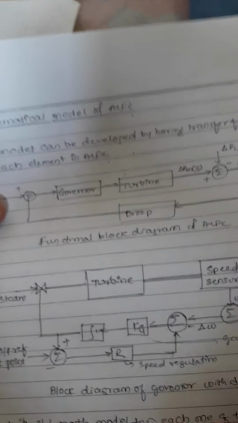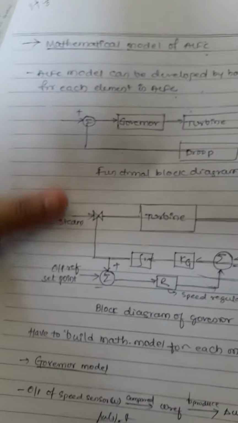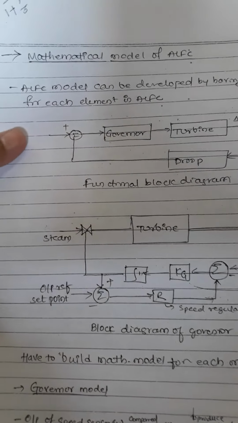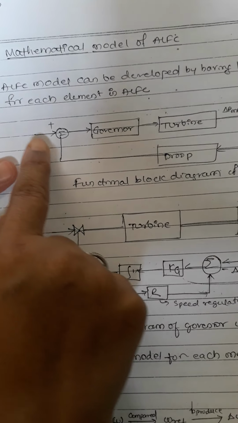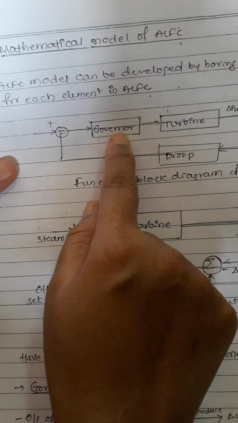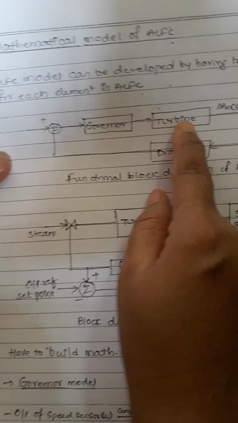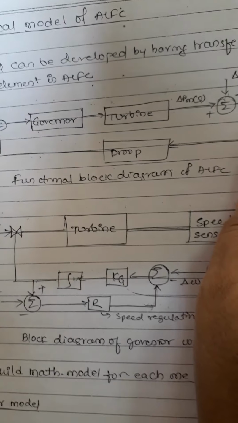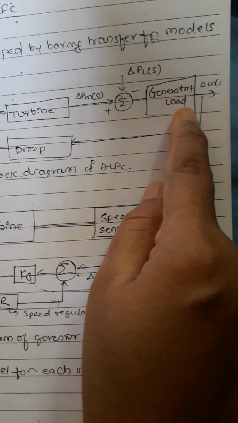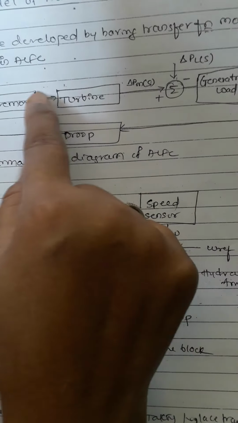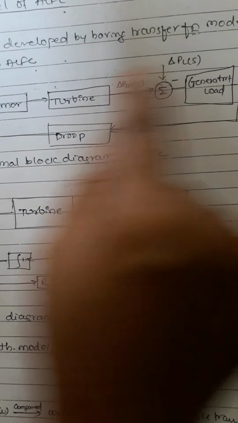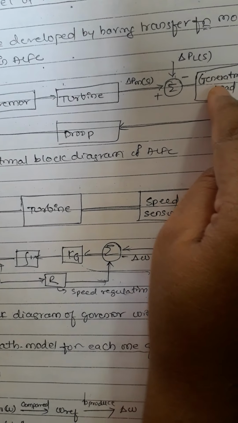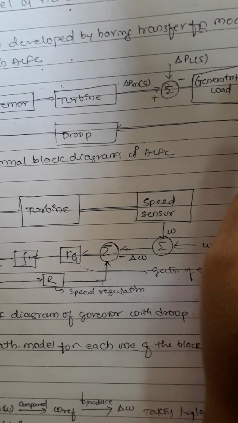Now the next one is the mathematical model of ALFC, automatic load frequency control. See here, the input, governor, turbine is there: governor, then turbine, and then the generator load system. Whatever load requirement is there, this generation system is connected to the load.